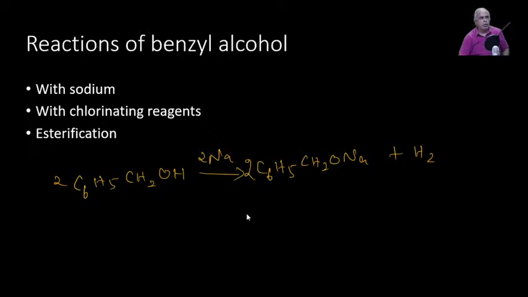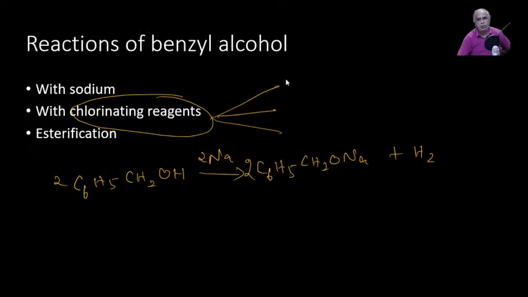Then reaction with the chlorinating agent. So what are chlorinating agents? There are three major chlorinating agents: PCl5, phosphorus pentachloride, phosphorus trichloride, and you have SO2Cl2 also.